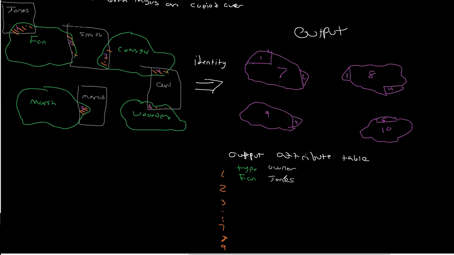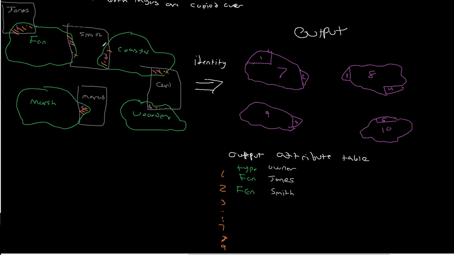So for right now, this is very similar to what we did for intersect. For 2, we're going to do the same thing. 2 is going to be fen, because we're pulling the type attribute from the overlap with the wetland, and the owner is going to be, in this case, Smith. Again, pulling from the construction site part of the overlap.